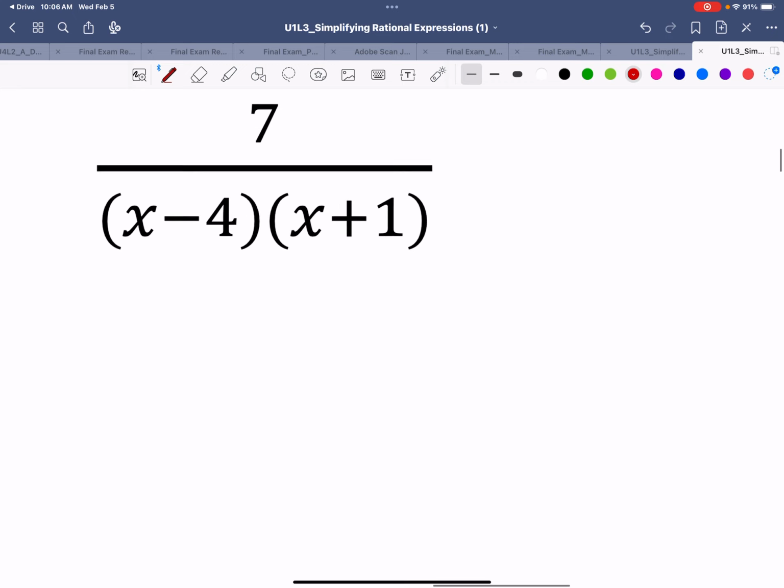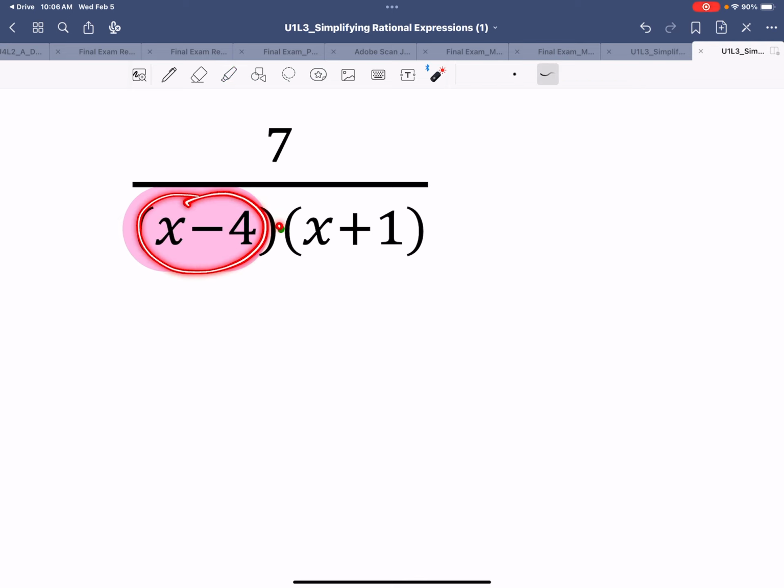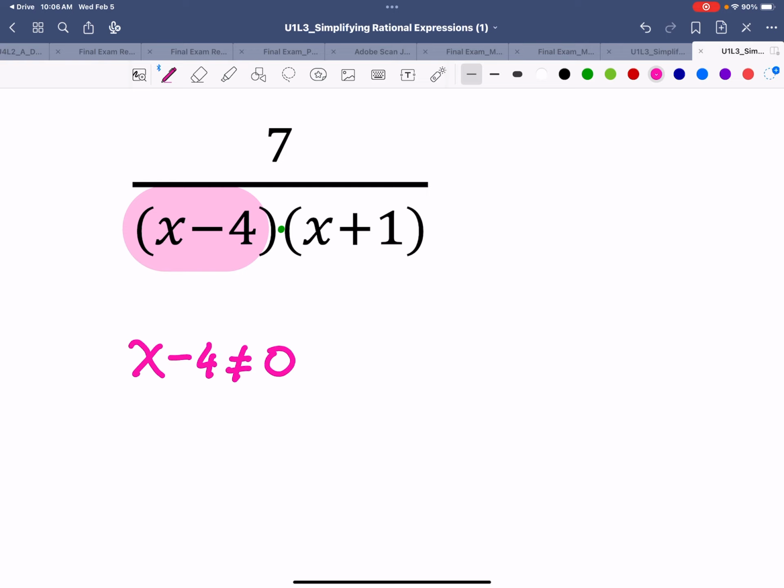Now let's take a look at this other example, which is different than the previous ones. In this case, we have two binomials in the denominator, and they are in the form of a product. So remember that if either binomial becomes 0, say for example, if x minus 4 becomes 0, then 0 times anything would be equal to 0. So that tells us that x minus 4 has to be different than 0.